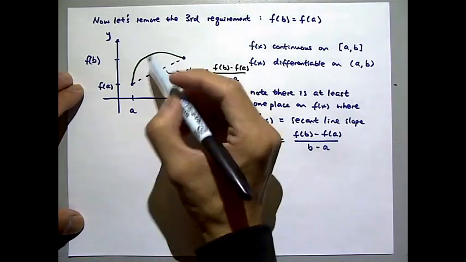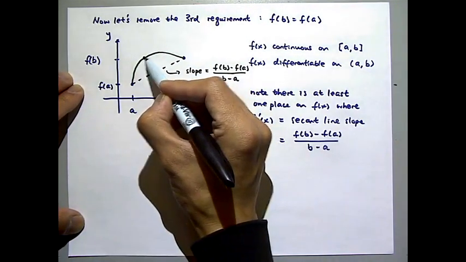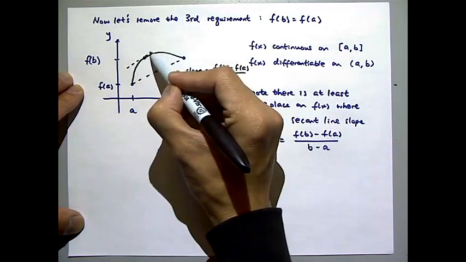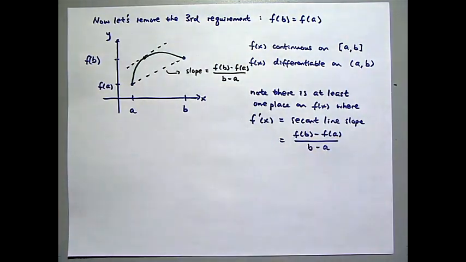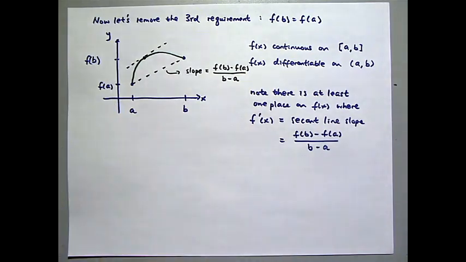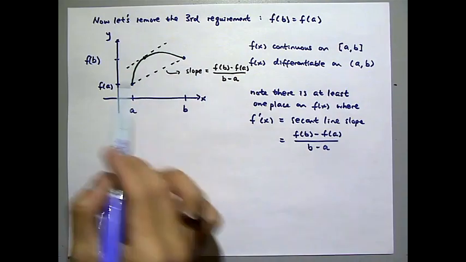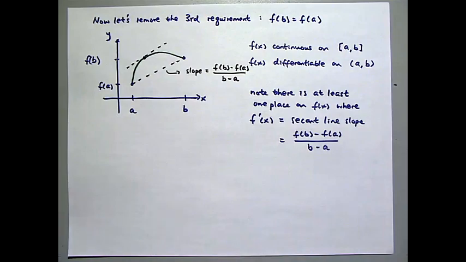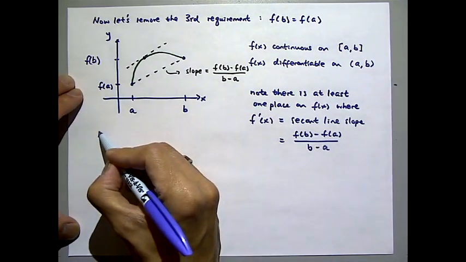It's probably going to be right here. Okay, so that's the minor tweak between Rolle's theorem and what's called the mean value theorem. It's called the mean value theorem here because we're looking for the average slope. And mean is another word for average. The average of the slope, the mean value of the slope between the 2 points. Somewhere on the graph, we're going to see that. So that's called the mean value theorem.